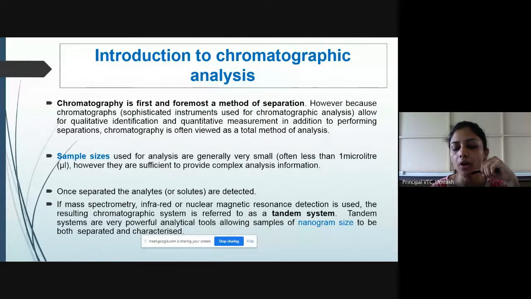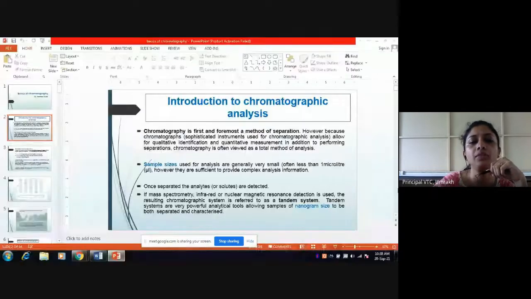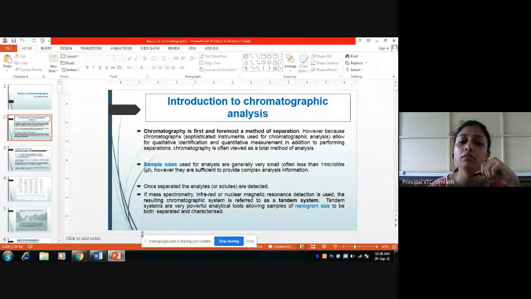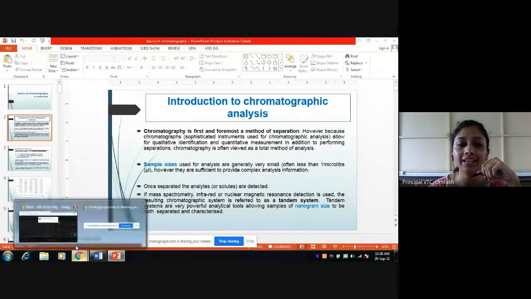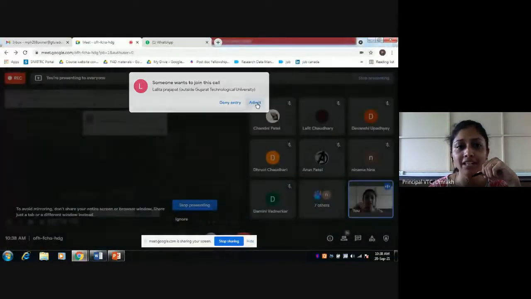All of you have operated UV, where we can analyze 2 or 3 samples simultaneously. Even if we want to analyze 3 samples simultaneously through UV, we have to use complex methods.